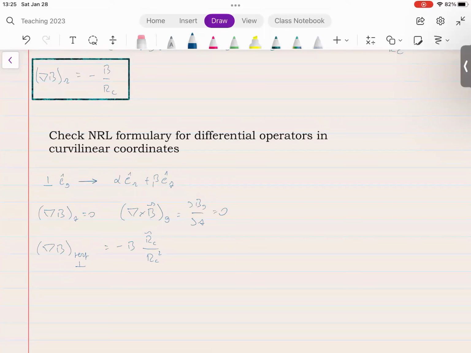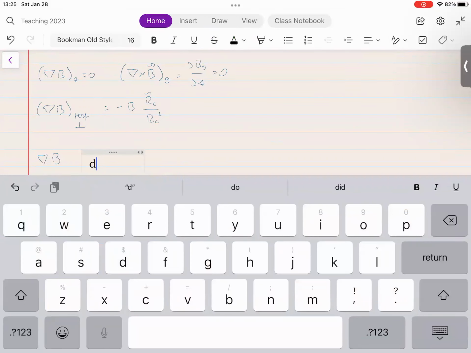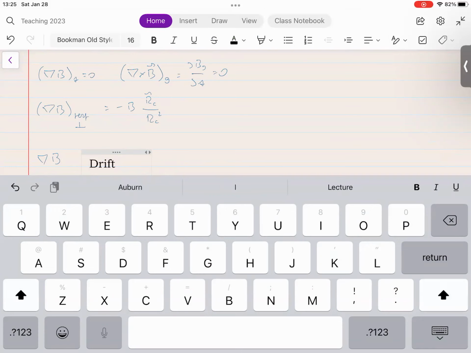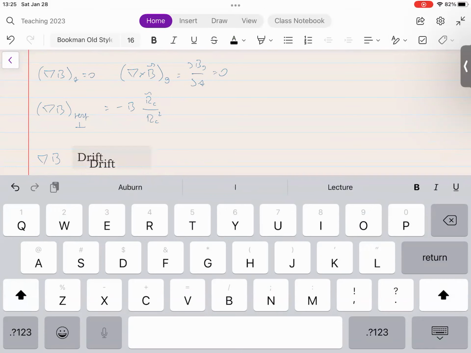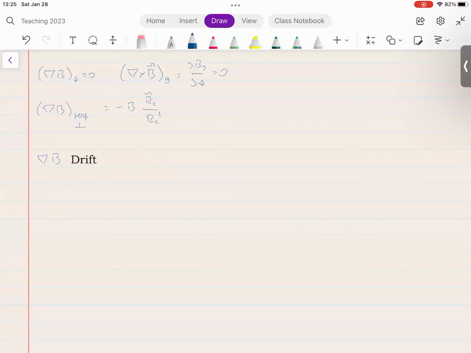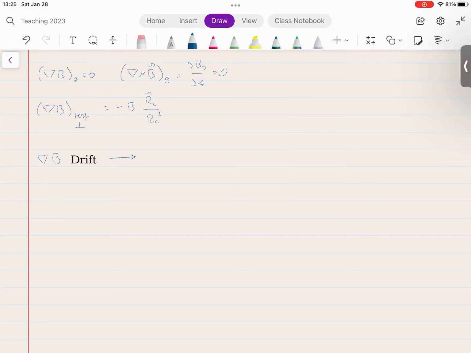Okay. What then? The grad B drift is written as... I don't know that there is any way to actually keep a lowercase in there, so I'll have to deal with the automatic capital letter. All right, it's not a big deal.